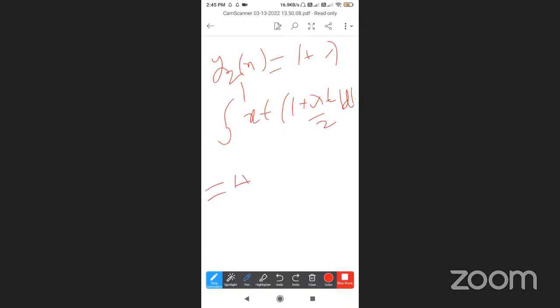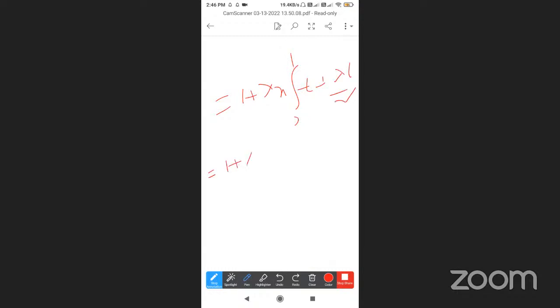This is the simplification: 1 plus lambda times the integral from 0 to 1 of the product x t times 1 plus lambda t by 2, where k of x comma t is equal to x t. Here 1 plus lambda x is common, and the integration from 0 to 1 is of t plus lambda t square by 2, integration.